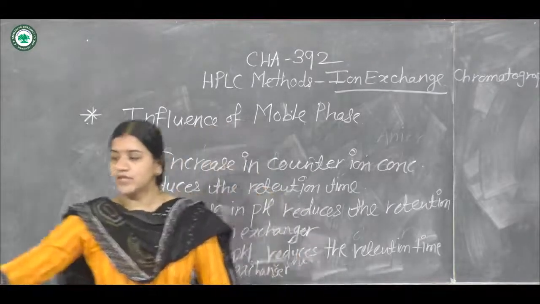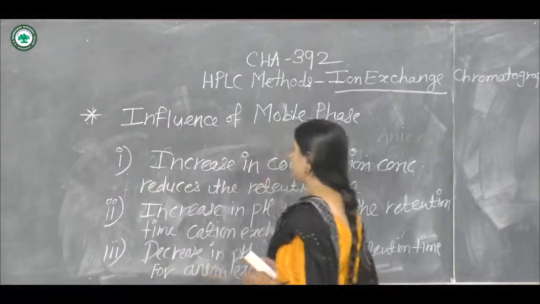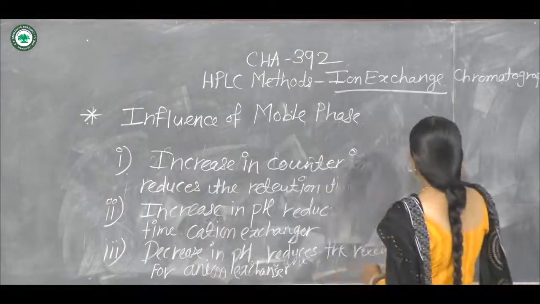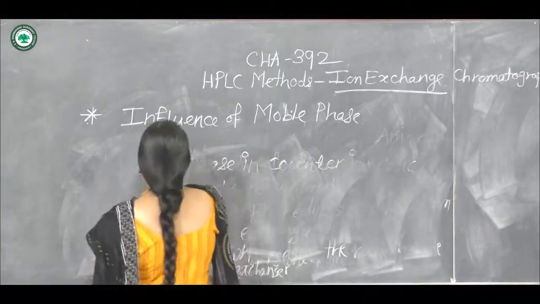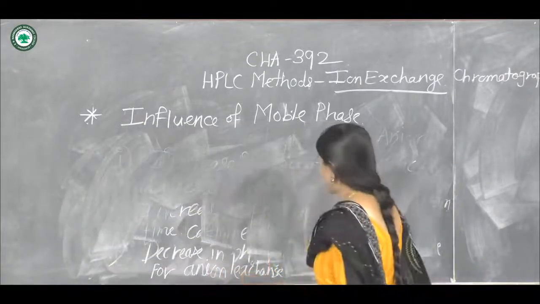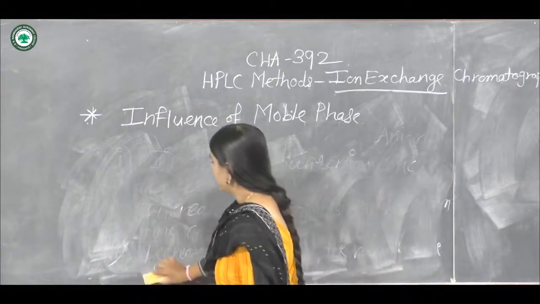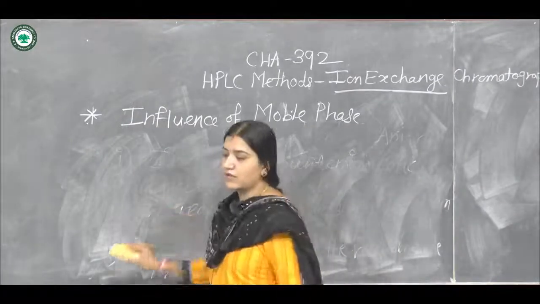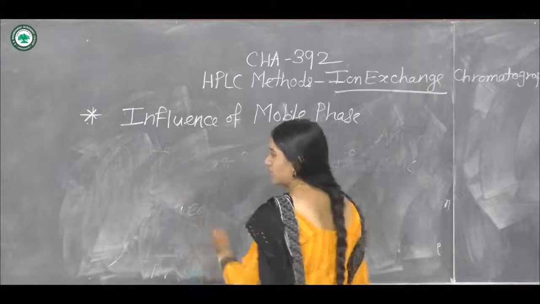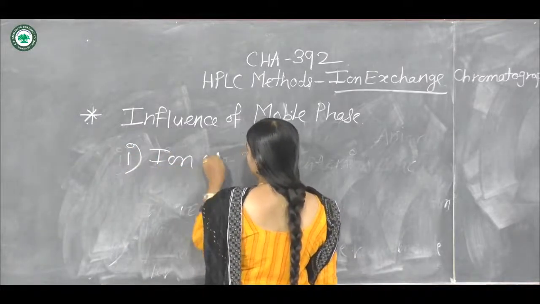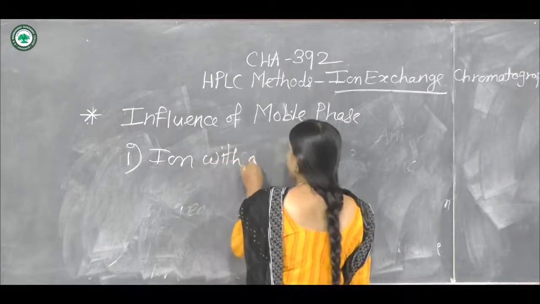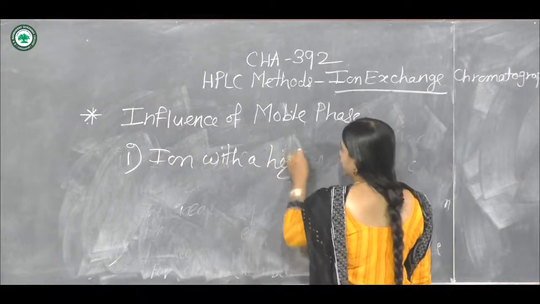So what are the things that ion exchange chromatography prefers? This is our next point of interest. If you want to analyze substances by using ion exchange chromatography, then it prefers the ion with a higher diameter.